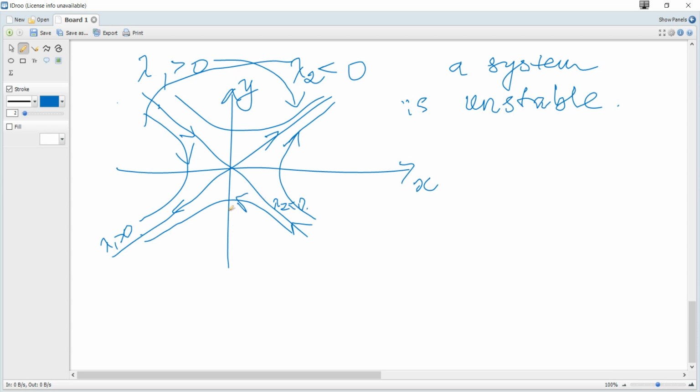It looks like this, and you can see somewhere here is the equilibrium point.